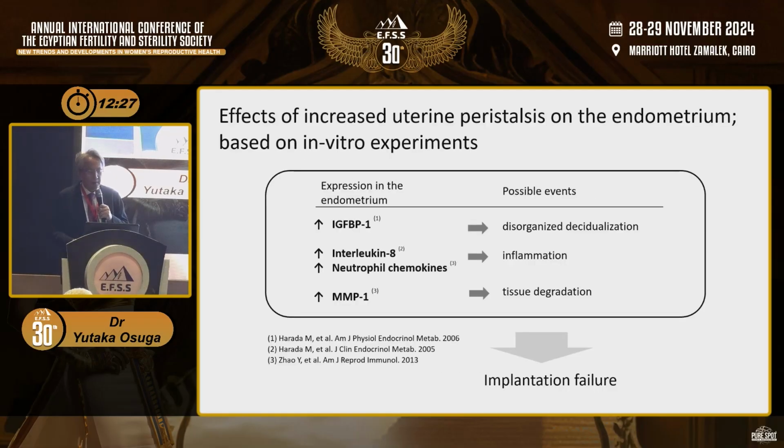So this is one reason why fibroids decrease the pregnancy rate, even though the fibroid is intramural. We delved into the matter more precisely and did a lot of experiments. We found that the mechanical stress of the endometrium induced by peristalsis induced the expression of many cytokines or molecules related to implantation in the endometrium, and they seem to worsen implantation.